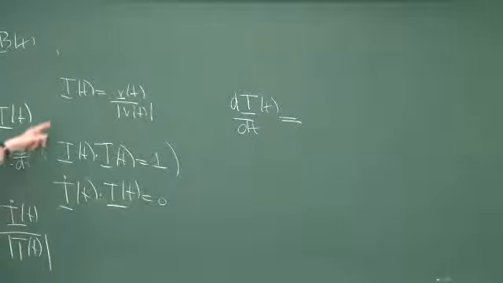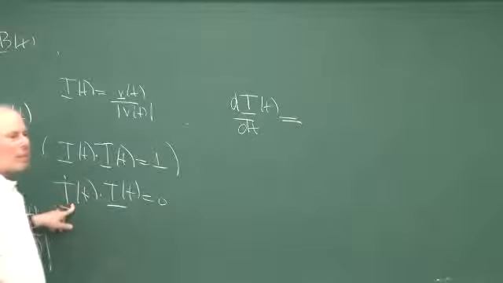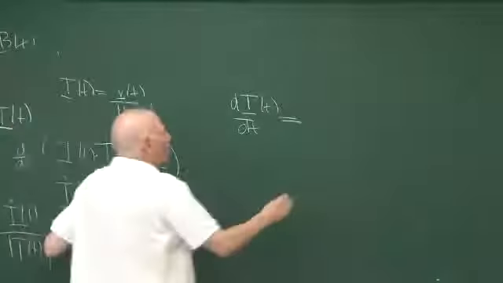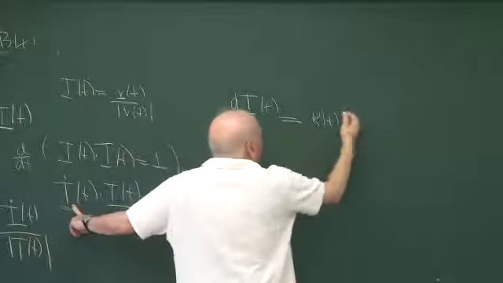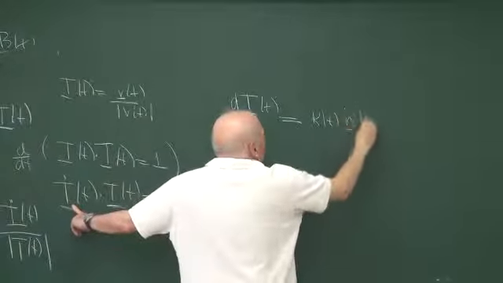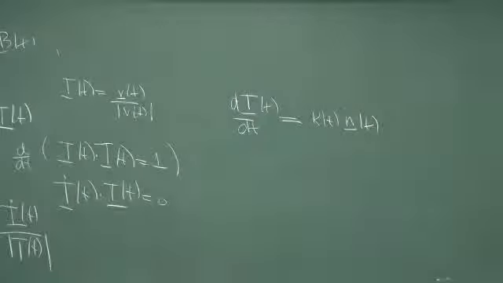And the constant of proportionality, or the function of proportionality, might change. This is what we call the curvature. Okay, so that's the first one.